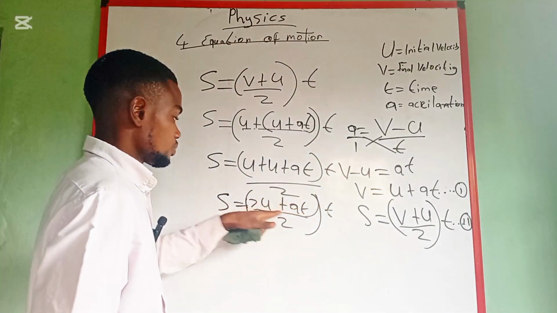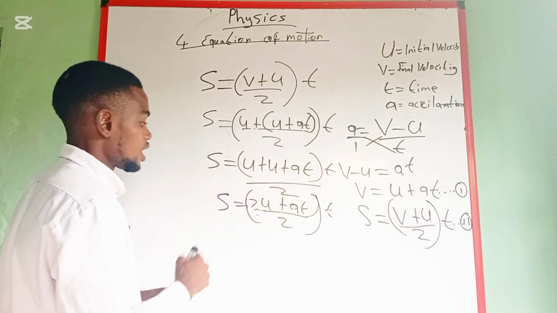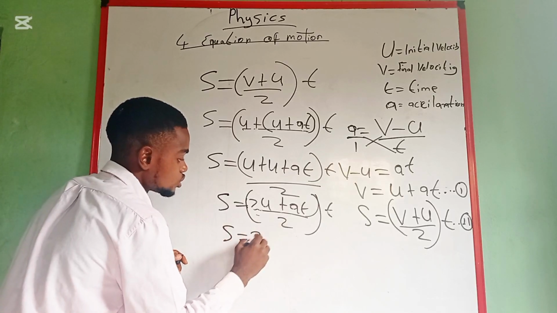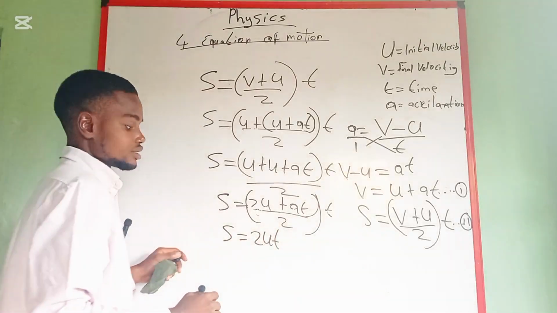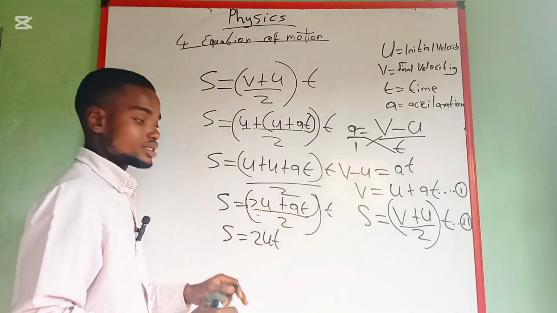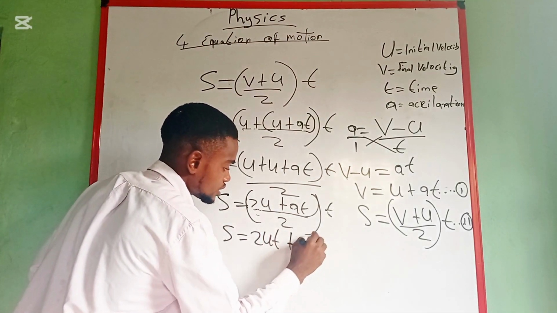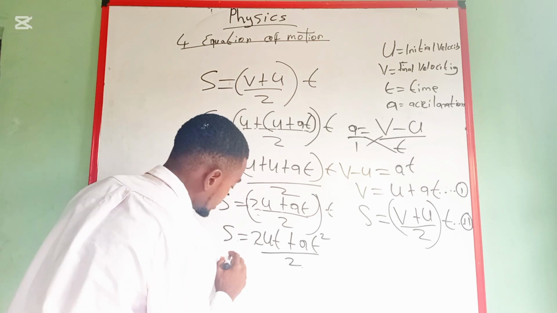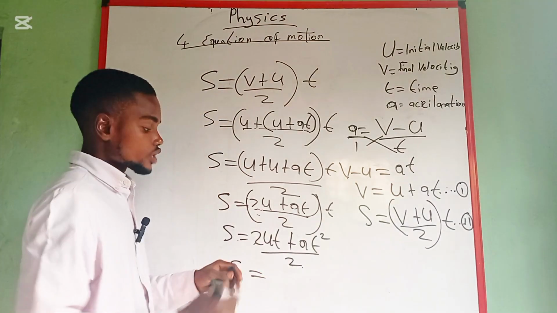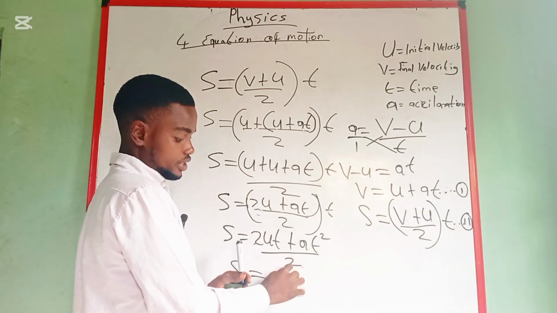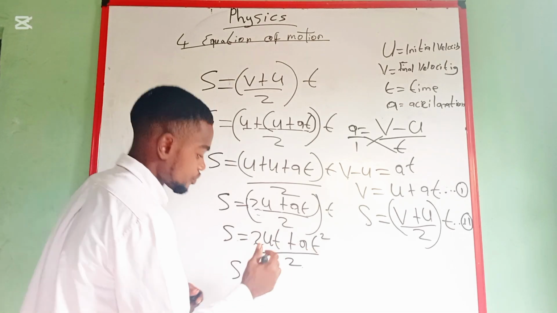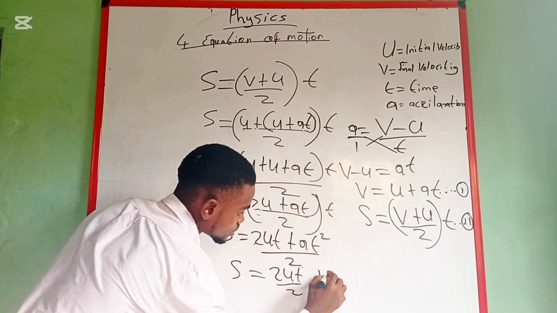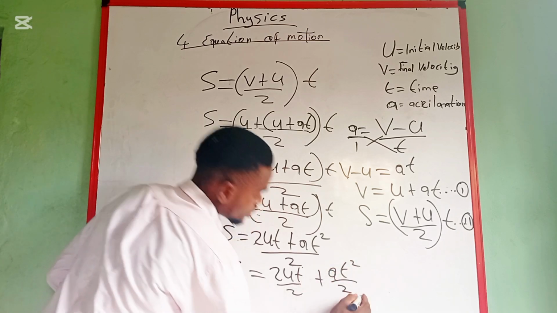If t should multiply what is inside this bracket, that is the numerator, we're going to have t multiplied by 2u is going to give us s is equal to 2ut, and t multiplied by at, we're going to have plus at squared, all over 2. So we could say that s is equal to, because these are adding each other, it means that we can write this expression in this form: 2ut over 2 plus at squared over 2.